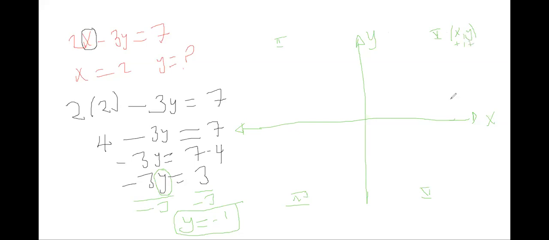I should not go further on this because we have a section where we will be talking about graphs of linear equations. All I'm trying to do here is: if x is 5, we know that y is 1. If x is 2, we know that y is minus 1.